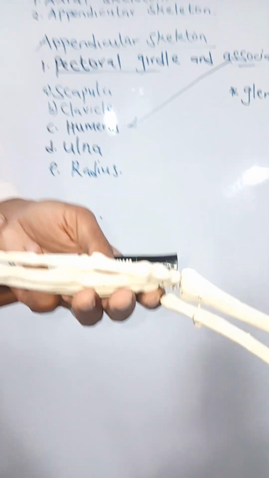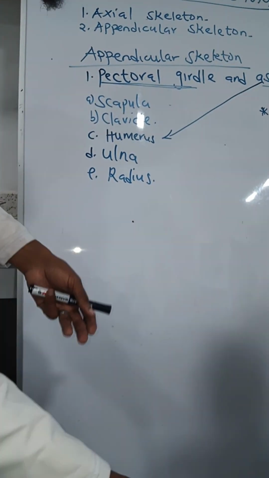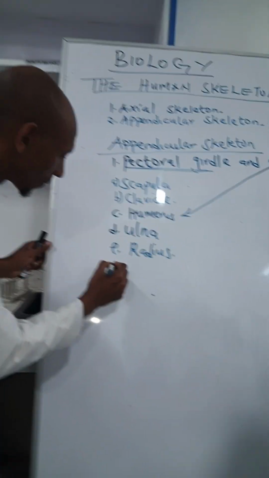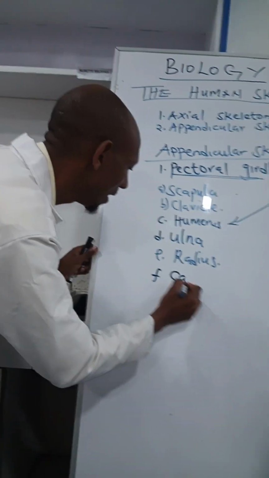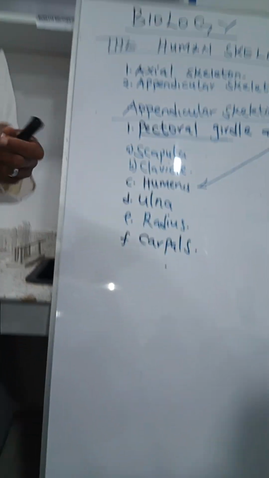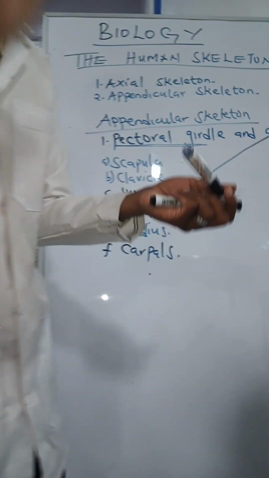The wrist region. Those bones are called carpals. Say carpals. Carpals. See that? Where are carpals found? They are tiny bones. Several bones. Tiny ones. They are found in which region?